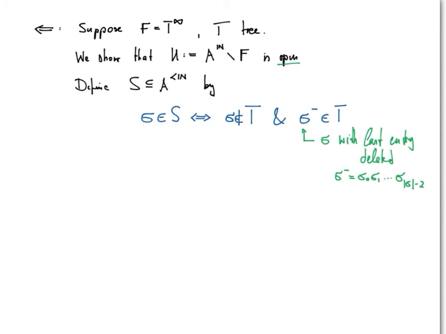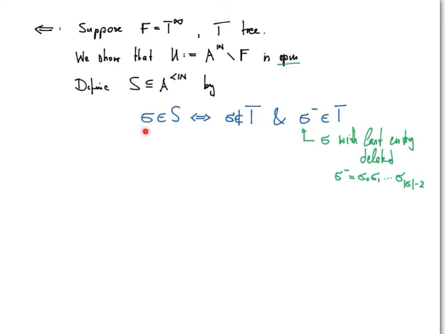For this we have to show that U can be represented as a union of cylinder sets. For that purpose we define a set S of strings in the following way.